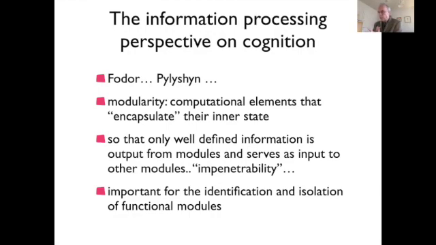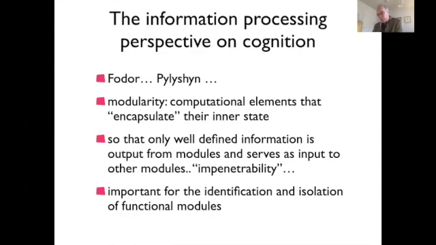I'll make this concrete in a moment. And that information is passed as output to other modules which take it as input. So the modules in that sense are impenetrable. You cannot get to the inner state, and that was used to account for certain properties of perception. So it's been debated for a lot of time. It's always a question how direct that evidence was for impenetrability.